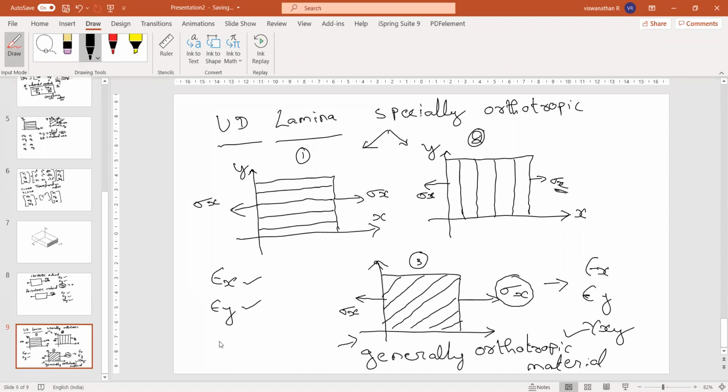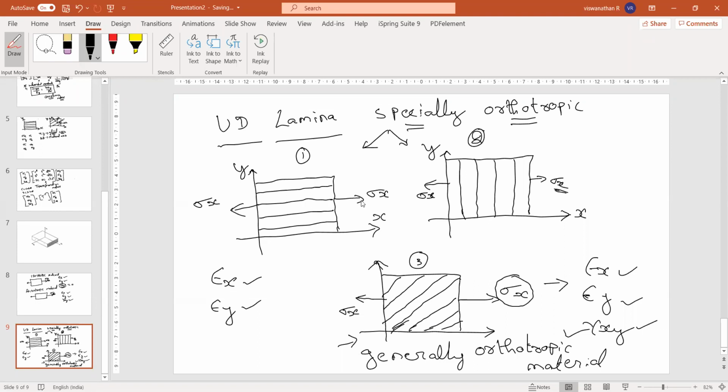You don't have shear strains. But if the fibers are oriented at an angle which is not the direction of application of stress, then you can get the extensional strain as well as the shear strain. So this condition is called generally orthotropic material, and these types are called specially orthotropic.